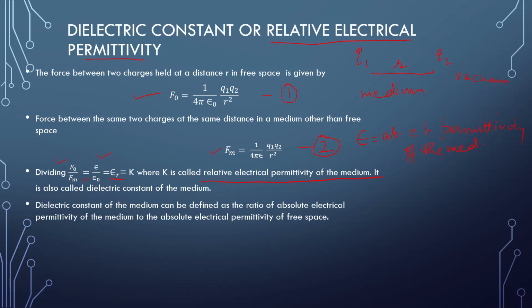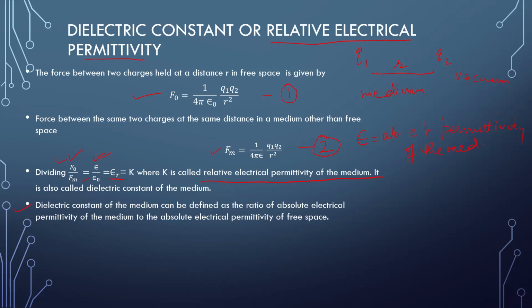So the dielectric constant of the medium can be defined in two ways: one in terms of permittivities, epsilon upon epsilon naught, and another in terms of forces, F naught upon Fm.